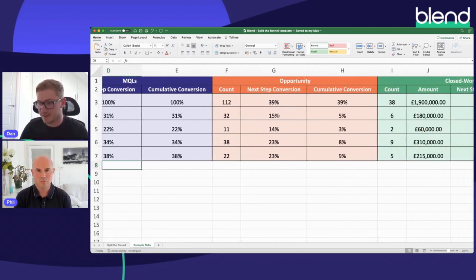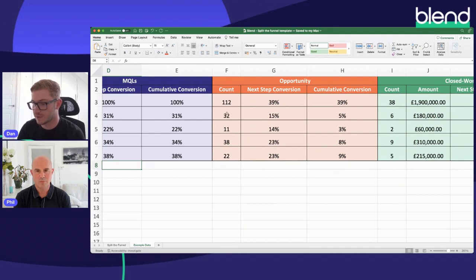So measure the conversion from lead to MQL, and then start having a look at MQL to opportunity. And this is where things get a bit spicy. So still, your high intent requests are converting pretty well into opportunity, as you would expect. These are people that are coming onto your website, basically, asking to talk to you and become a customer potentially. So you'd expect that conversion to be quite high.